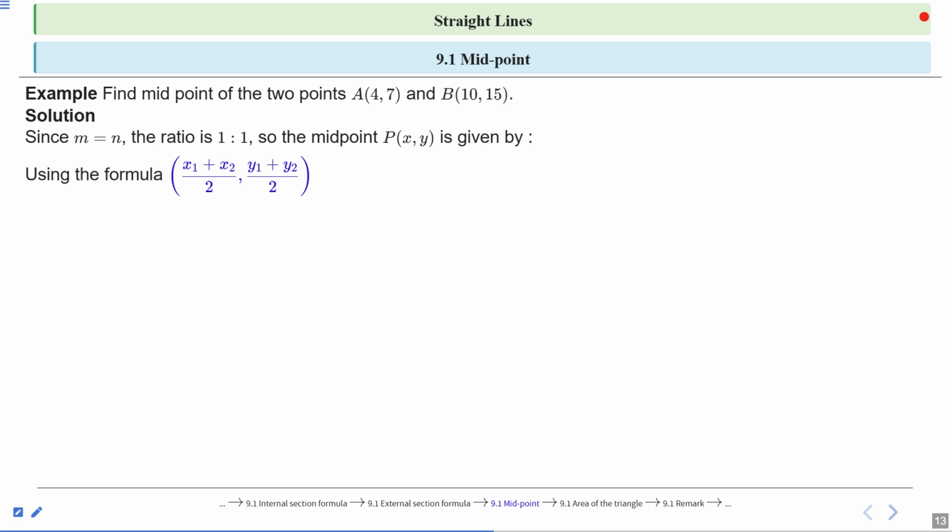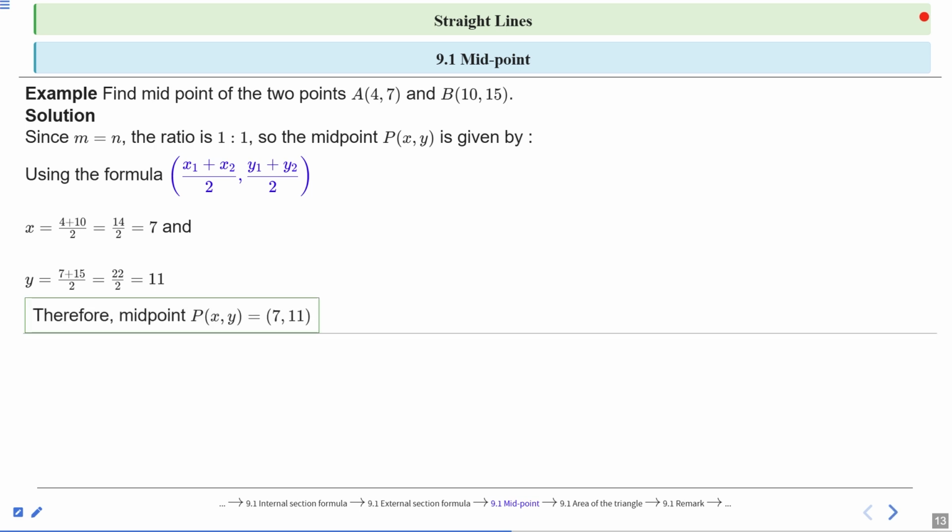Now the x coordinate of the point P is x equal to 4 plus 10 by 2, which is 14 by 2, equal to 7. And y equal to 7 plus 15 divided by 2, which is 22 divided by 2, equal to 11. So x equal to 7 and y equal to 11.